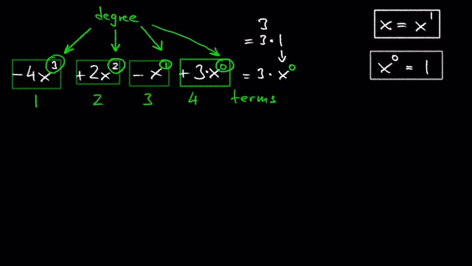After knowing all the degrees of the terms of this polynomial, we can ask the question, what is the degree of the entire polynomial? The degree of the entire polynomial is always the degree of the term with the highest degree. So in our example, the degree of negative 4x cubed. We also call this the leading term.